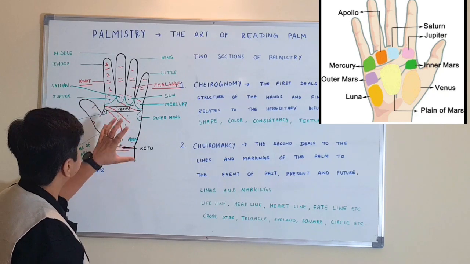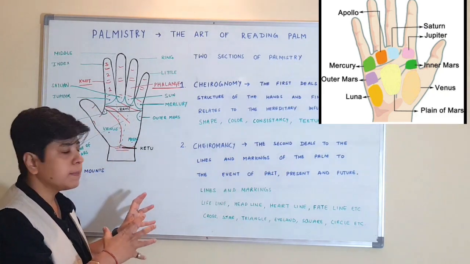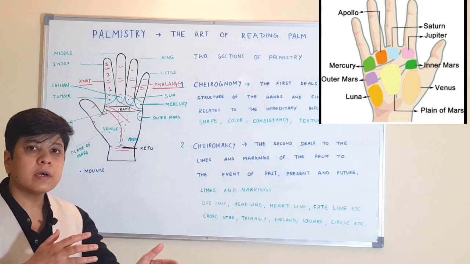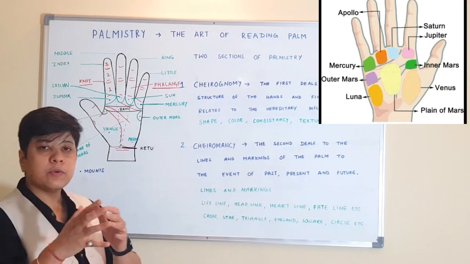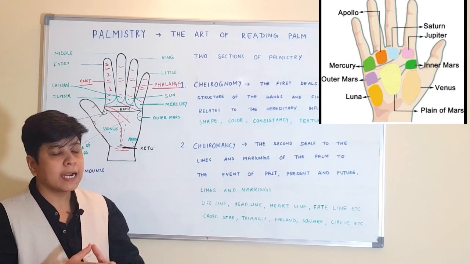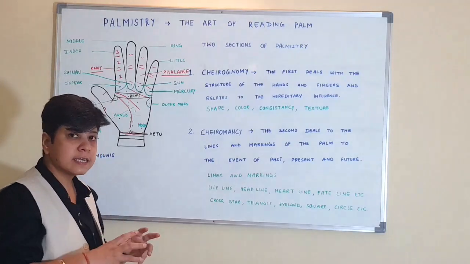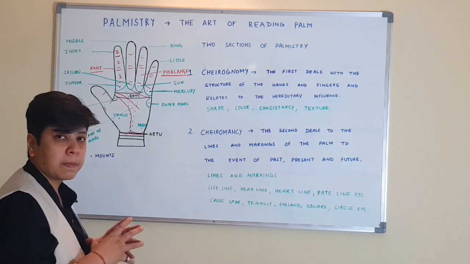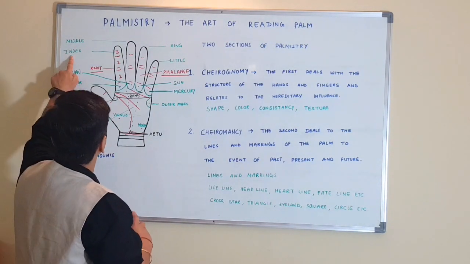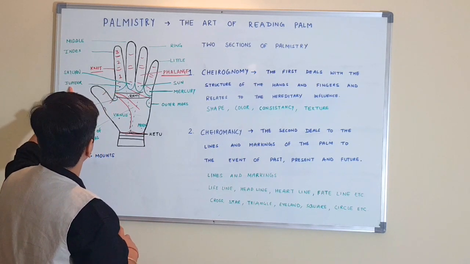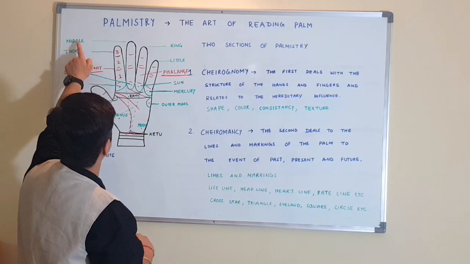These represent the presence of the divine and universal subconsciousness and the reason for your creation on earth. Let's understand each mount on the palm. This one is the index finger, and at the bottom of the index finger, this is the mount of Jupiter. Then comes the middle finger.